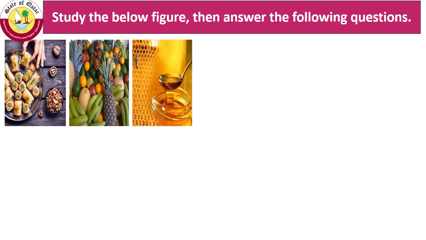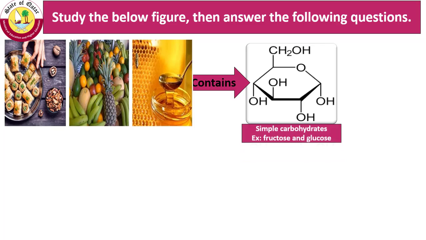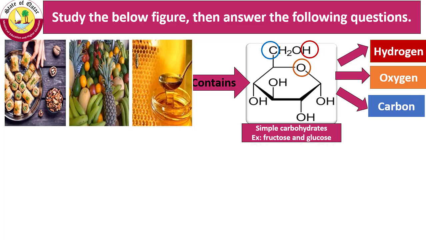Let's look at the following picture. The picture shows honey, fruits, and sweets, and all these are food containing simple carbohydrates that are made up of hydrogen, oxygen, and carbon. Let's answer the questions now. Question 1. Define carbohydrates.